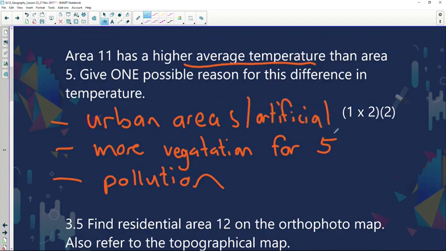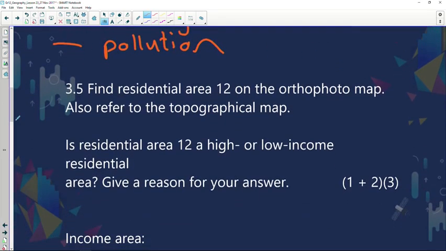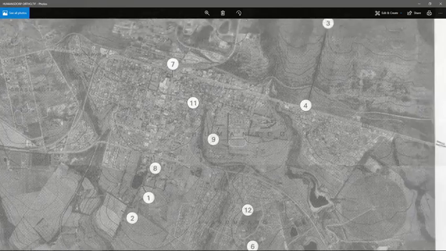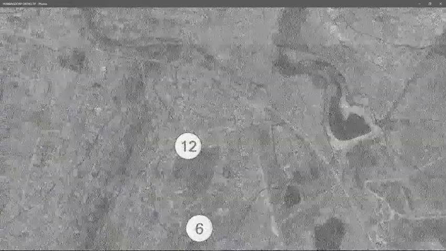Okay. Now find residential area 12 on the orthophoto map, also referred to as a topographical map. Is the residential area a high or low income area? Let's quickly go and have a look at residential area 12. If we quickly zoom in over here.